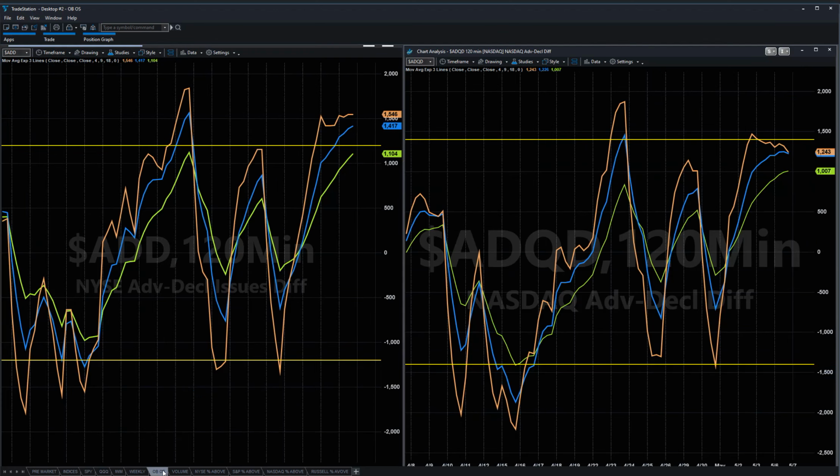Looking at where we are in terms of overbought and oversold, we are overbought in the NYSE and slightly overbought in the NASDAQ. Now, this indicator gives me an indication also that potentially this would be part of the analysis that we could see some type of pause or some type of move back to the downside in tomorrow's trading.